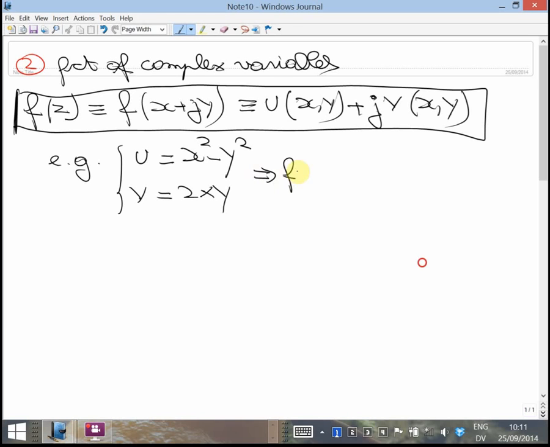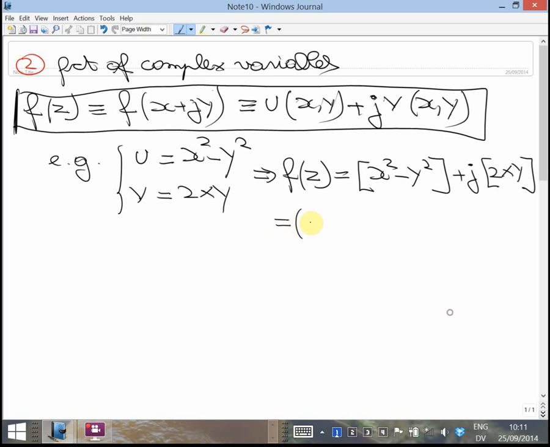You can group them together more compactly as f of z being x squared minus y squared plus j times v being 2xy, and this is nothing more, nothing less than (x plus jy) squared, as you can see, simply by expanding the square, and this is z squared. So this is the same thing.